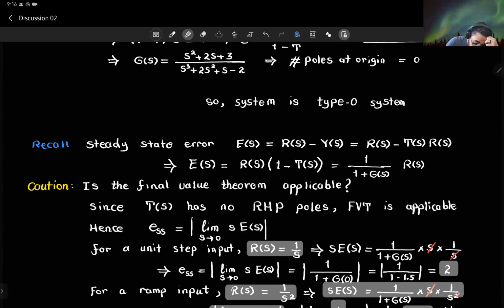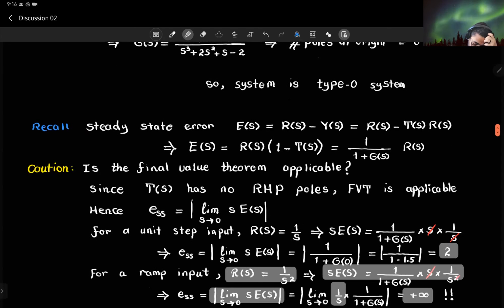So if we calculate s times E of s, it's just going to be equal to 1 over 1 plus G of s, right? Times s times 1 over s. So the s cancels with the s, and s times E of s is just going to be equal to 1 over 1 plus G of s, right?